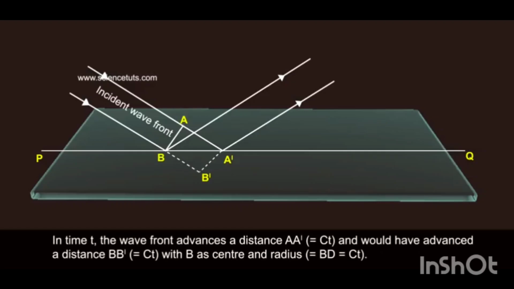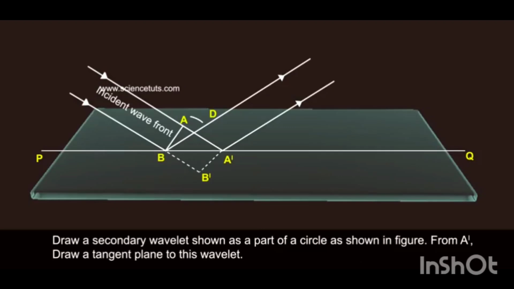In time t, the wave front advances a distance AA' equal to ct, and would have advanced a distance BB' equal to ct. With B as center and radius equal to BD equal to ct, draw a secondary wavelet shown as a part of a circle as shown in the figure.